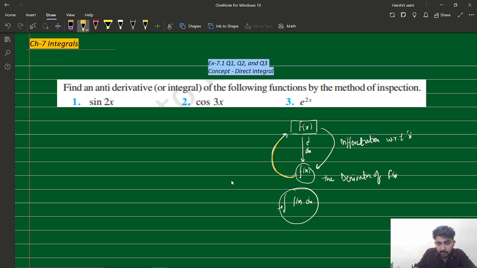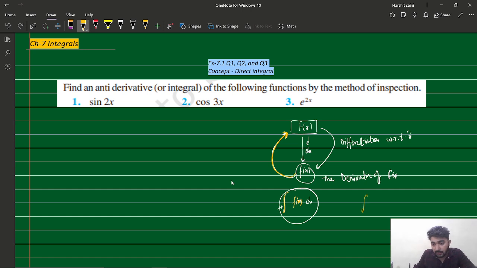By differentiating this capital F of x, we are getting small f of x. By integrating small f of x, we are getting capital F of x. So when we are integrating small f of x, actually we are looking for the capital F of x.